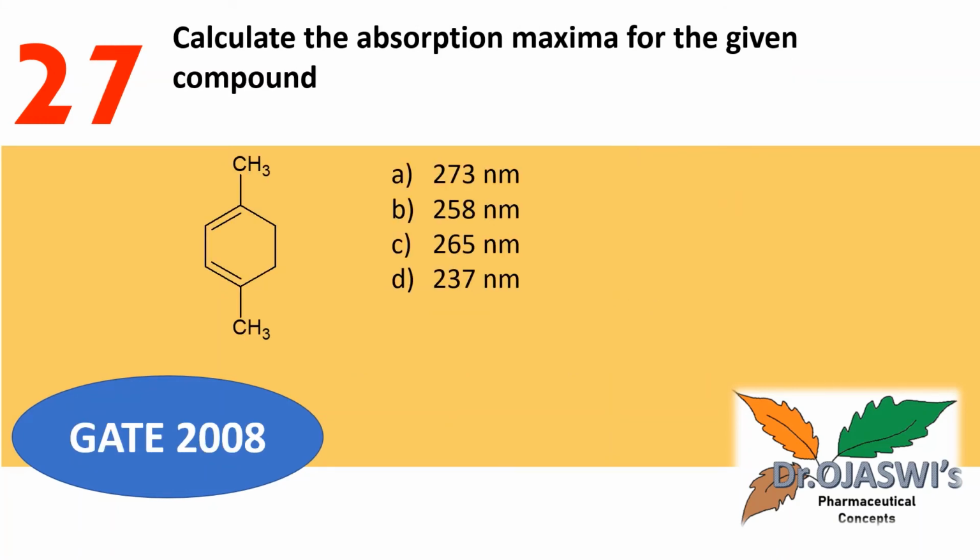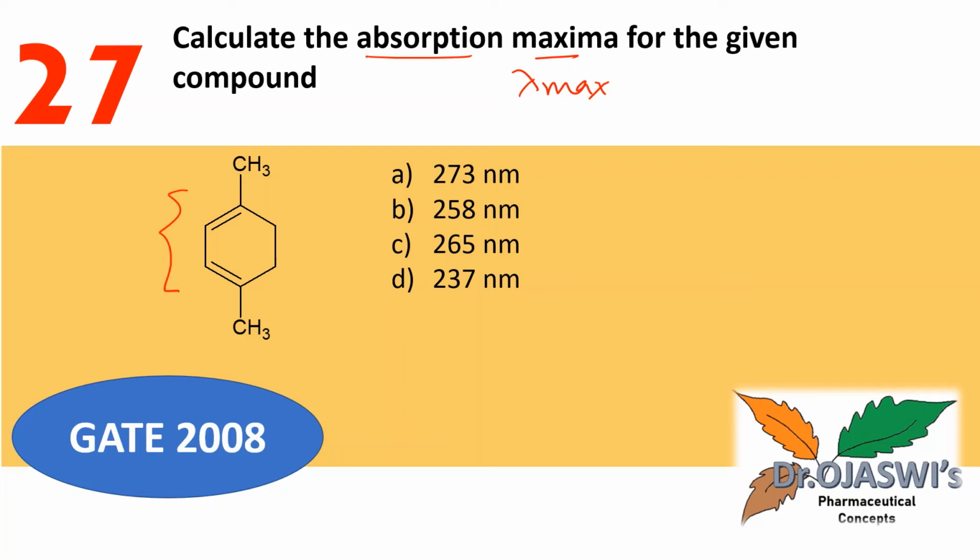Calculate the absorption maxima for the given compound. Here again we can apply the Woodward-Fieser rule for calculating the absorption maxima, that is lambda max, of the given compound. If you can see, in this ring there are two double bonds.